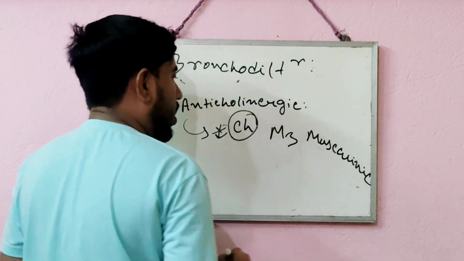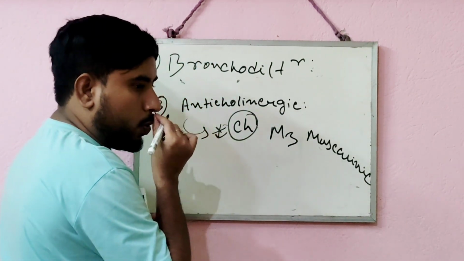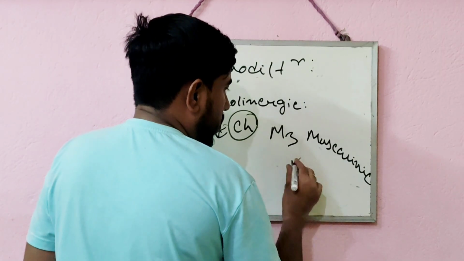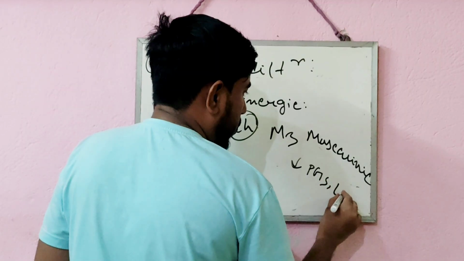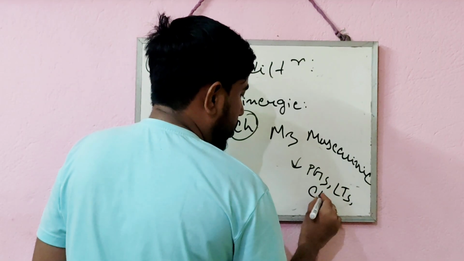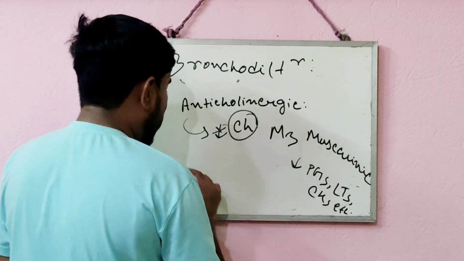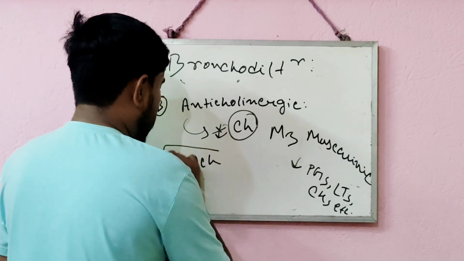When it is binding with the M3 muscarinic receptor, it is going to decrease the formation of prostaglandins, cytokines, etc. And it is also going to decrease the release of acetylcholine.